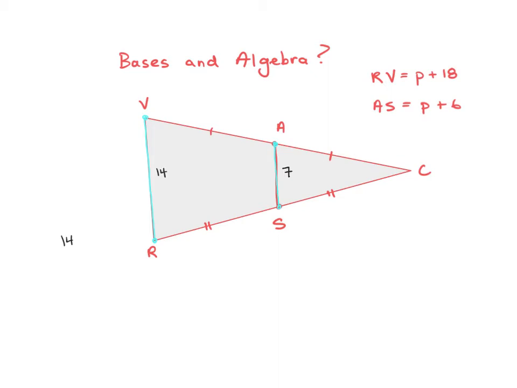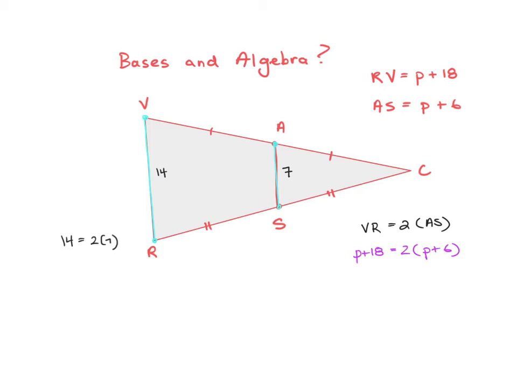Now 14 is equal to what? It's equal to 2 times 7. So let's just look at that as VR is equal to 2 times whatever AS is. Now I have this 2-to-1 relationship I could build and use in an algebraic sense and say, okay, well, P plus 18, my VR, is going to be equal to 2 times whatever P plus 6 is.